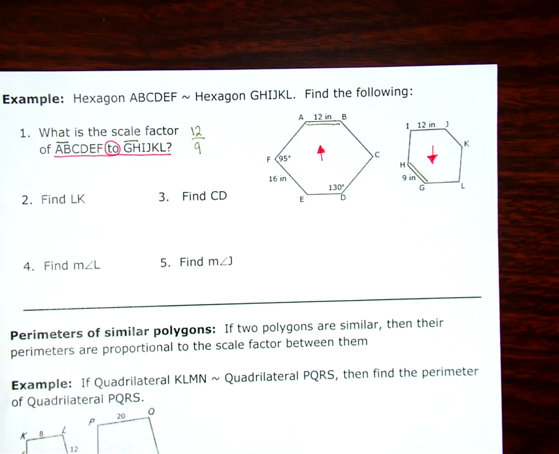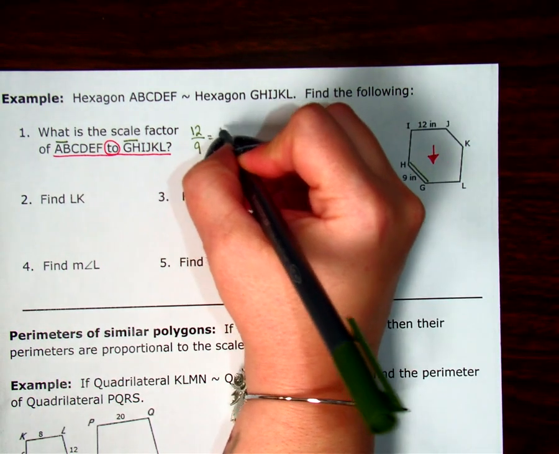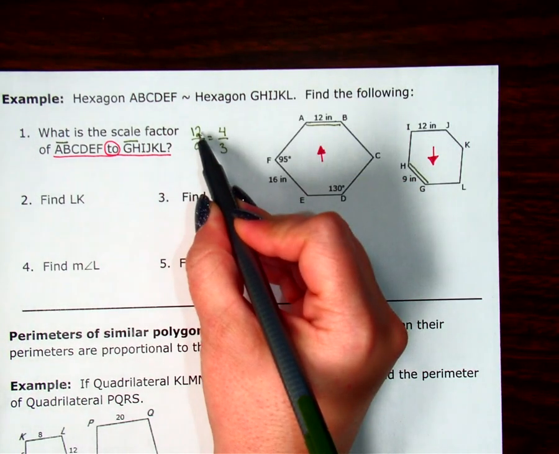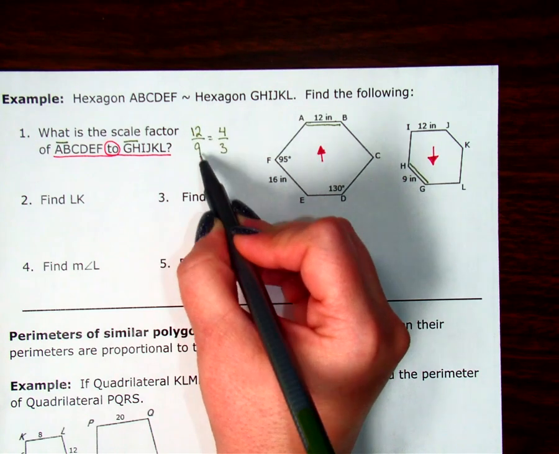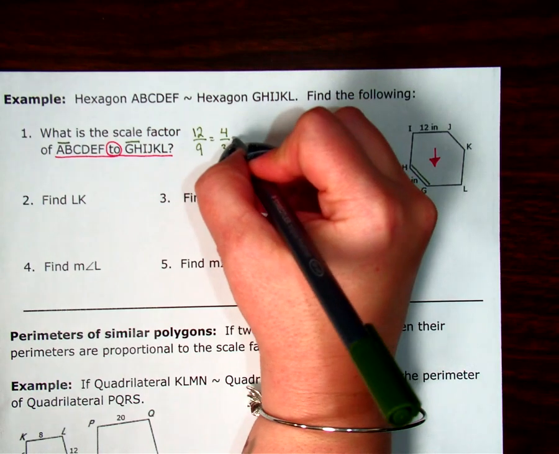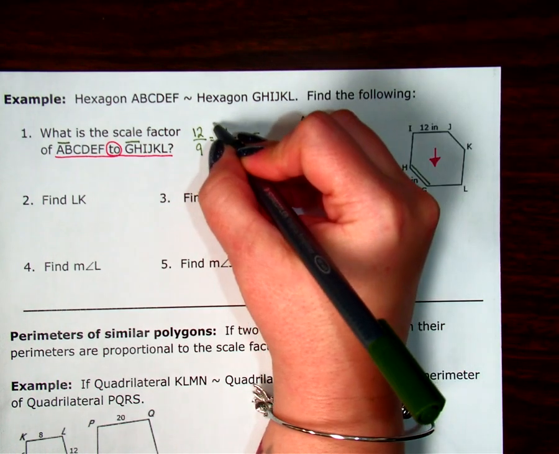And when I reduce 12 to 9, I'm going to get 4 thirds, because 4 goes into 12 3 times and 3 goes into 9 3 times. So when I reduce by thirds, I end up with 4 thirds. Okay, so that is my scale factor, which a lot of times I just abbreviate SF, scale factor.